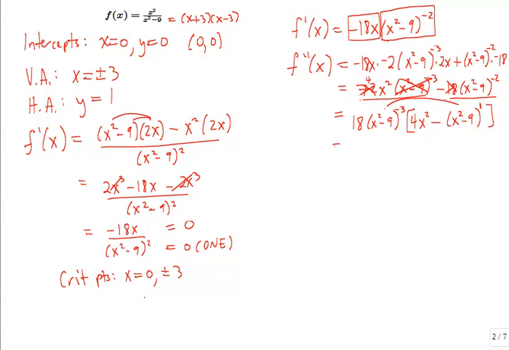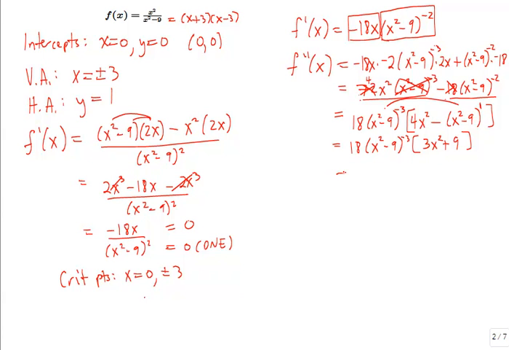Okay, so I have 18, I have x squared minus 9 to the negative 3, and then in these brackets we're going to get a 4x squared minus an x squared, which is 3x squared, and when I distribute that minus across, it becomes a plus 9. Now if you want, you could factor out an additional 3 here as well.